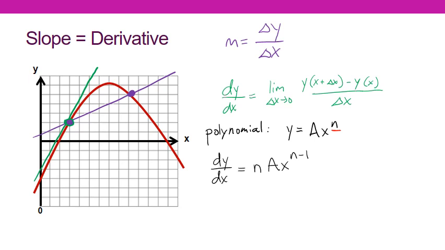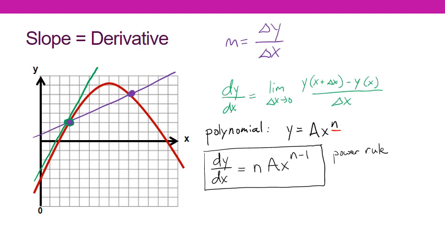And that's the power rule. This is how we will find the derivative of a polynomial. This is called the power rule. And if I had multiple terms in my polynomial, I would apply this power rule to every term in the polynomial, and that would give me then my derivative of my function.